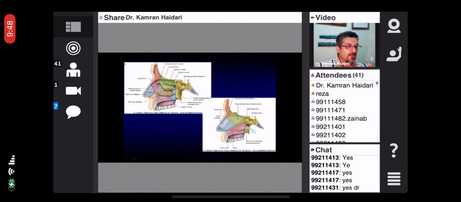Therefore, we have superior, middle, and inferior concha. Please keep in mind that the conchae are located on the lateral wall of the nasal cavity.